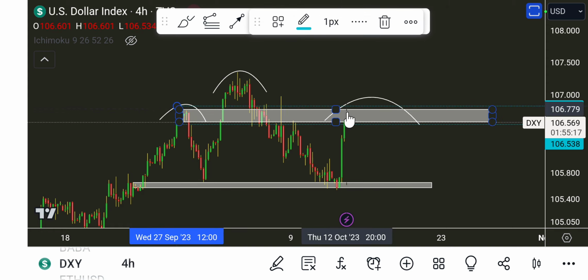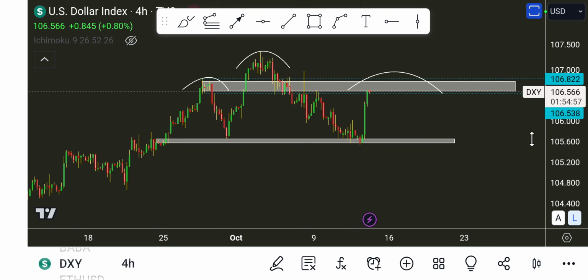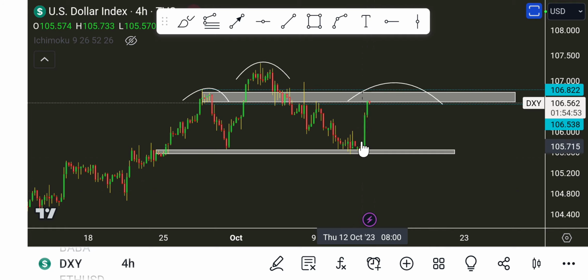Price ranging at this level, finds that range within this level, maybe a kind of weak rejection to move above it, but I'm still looking at this level, a very, very important level. And when it gets to this level, consolidates, and I get that push to the downside, then there's high probability we'll get price pushing lower. But I'm going to keep you guys up to date on how this will play out.